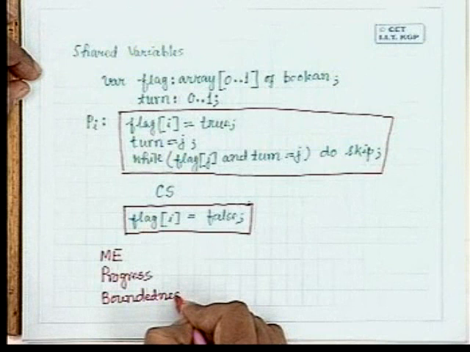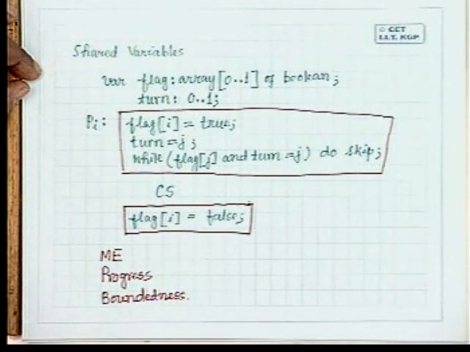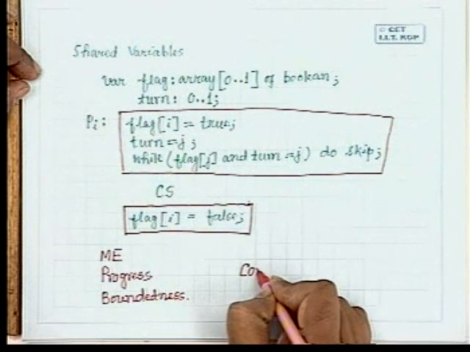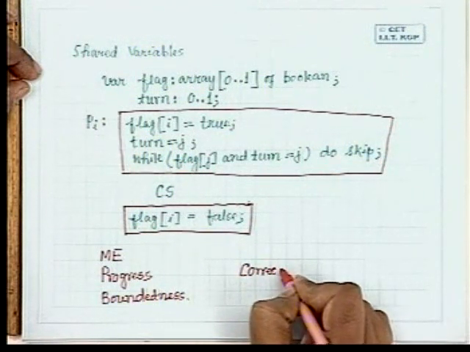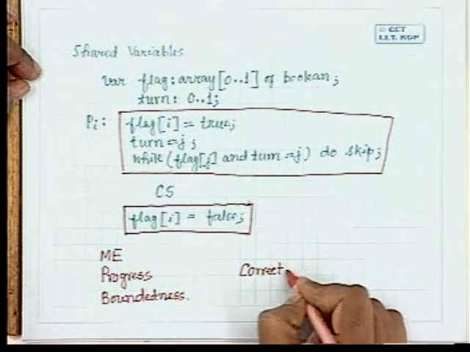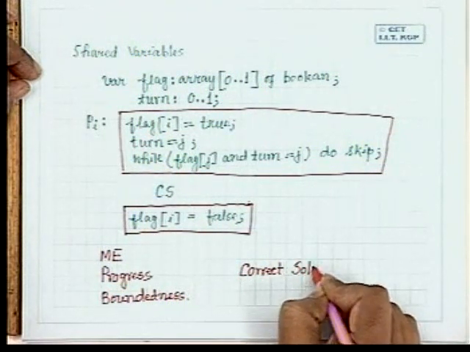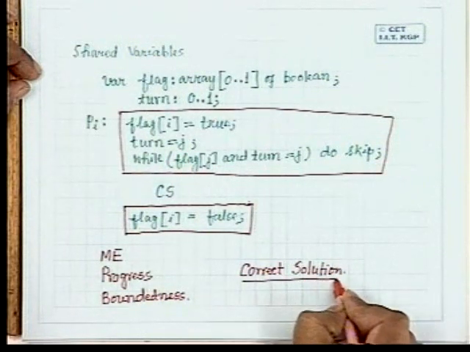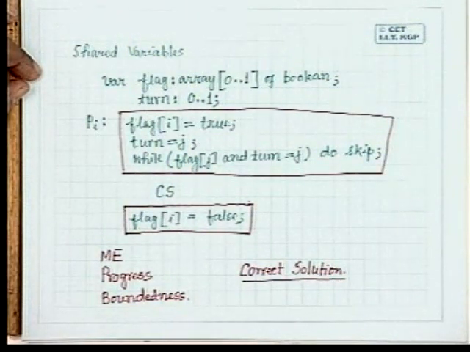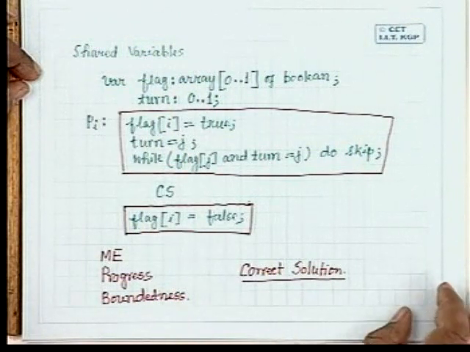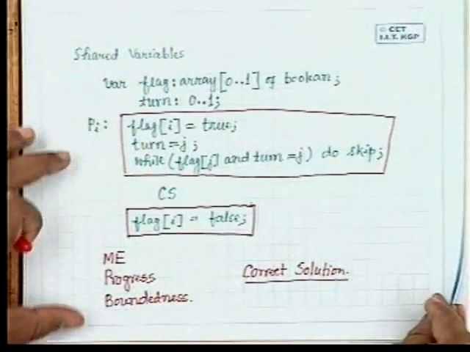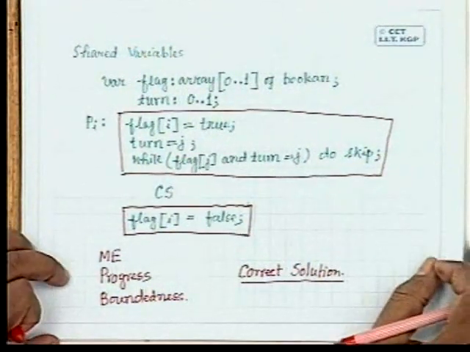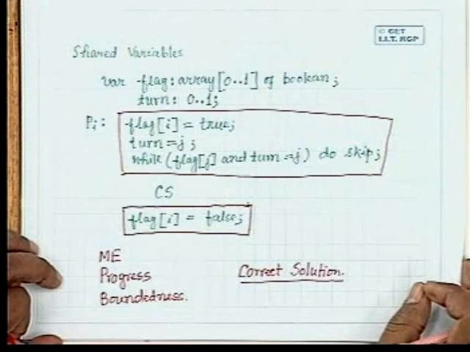So naturally, this is a correct solution for a two-process critical section problem. So you have seen how we can write a correct solution to a critical section problem involving two processes.